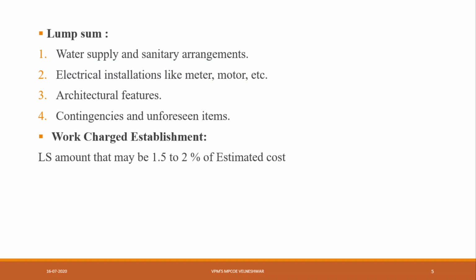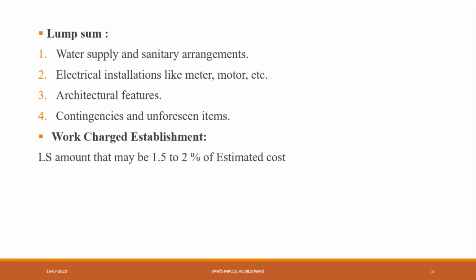So for that we will keep some lump sum amount, and that lump sum amount may be 1.5 to 2% of estimated cost. Suppose your estimated cost is 20 lakh, then you have to keep 2% of 20 lakh for that. That is your lump sum amount.